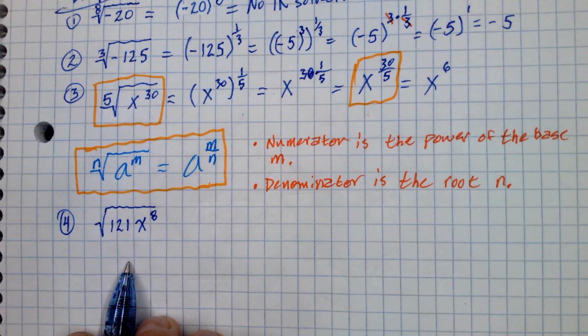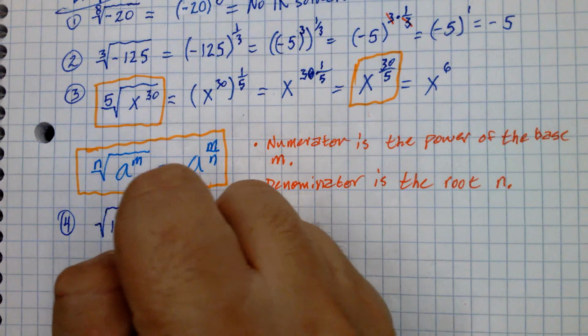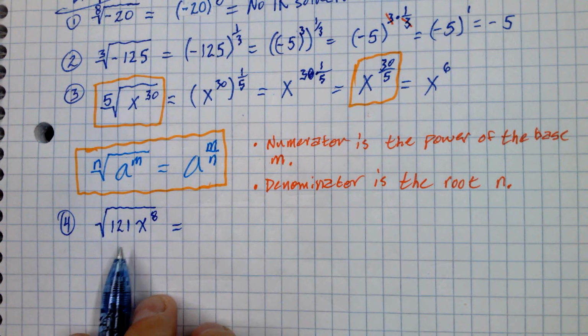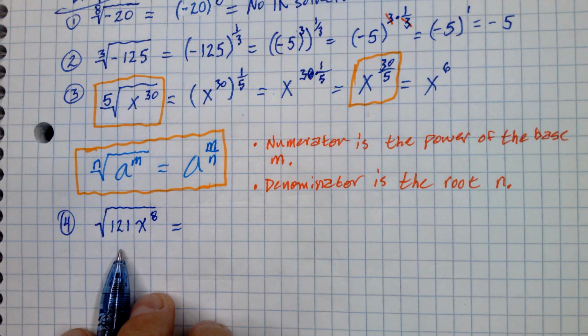Go ahead and write that down. Now, what number squared is 121? 11, right? 11 times 11.